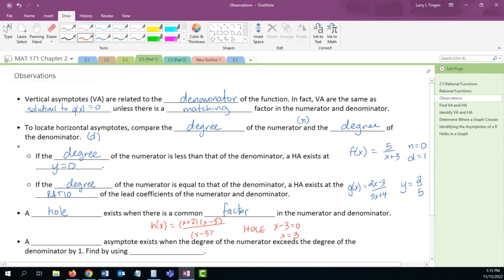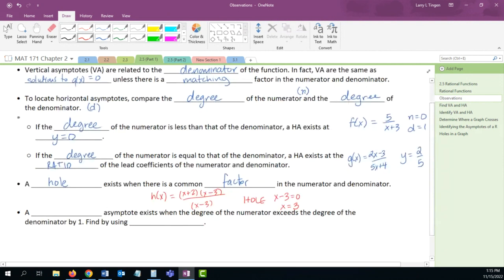Now, once you determine the x value of the factor that matches in the numerator and denominator, you take what you have found, this 3, and you plug it into the reduced form of your function. And what would that look like? Well, I've got x minus 3 over x minus 3. Those go away.